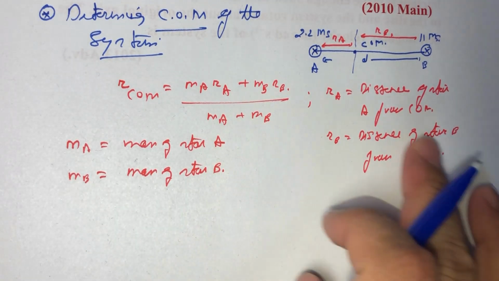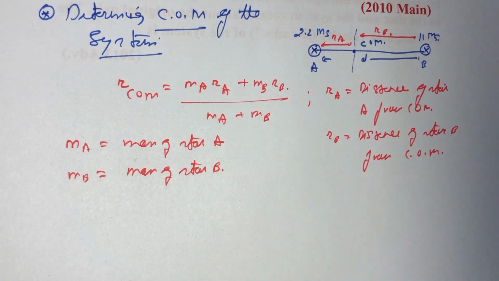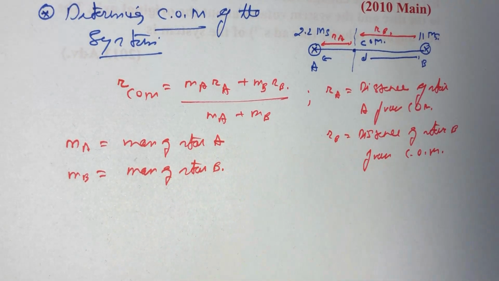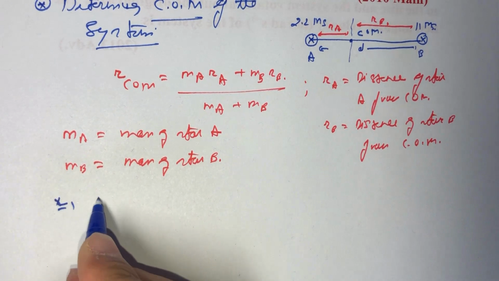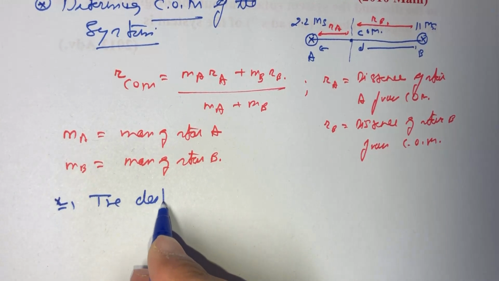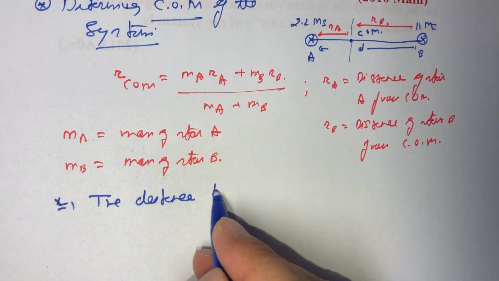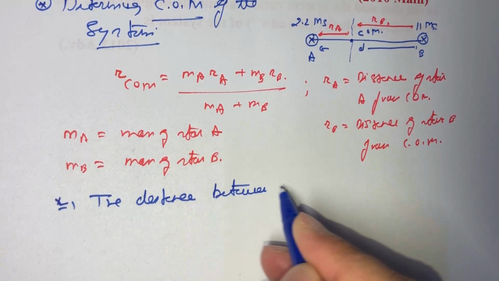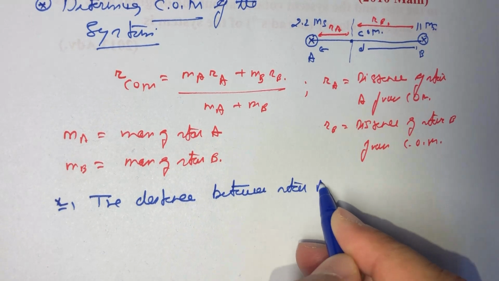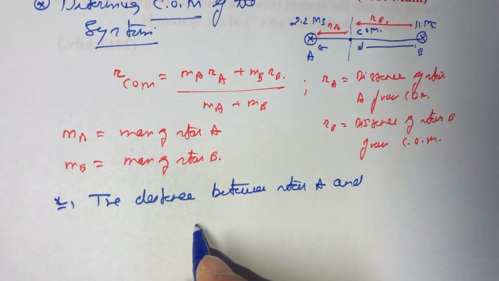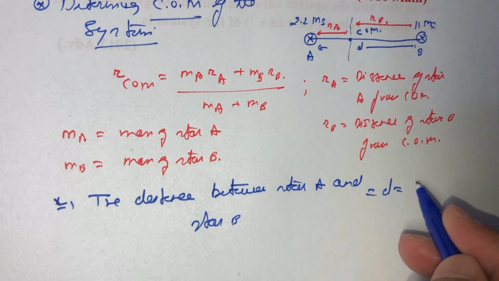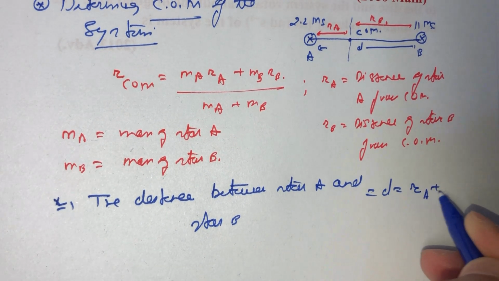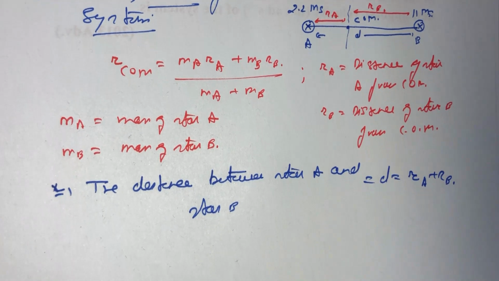or we can say from this that the distance between the two stars is given as d. The distance between star A and star B is given as d, which will be equal to RA plus RB.